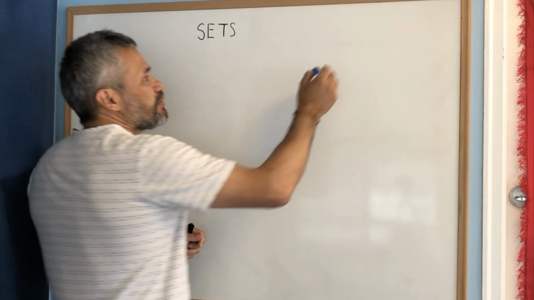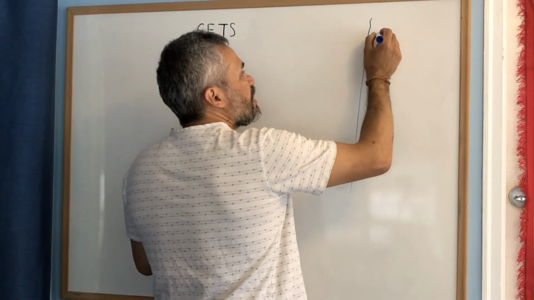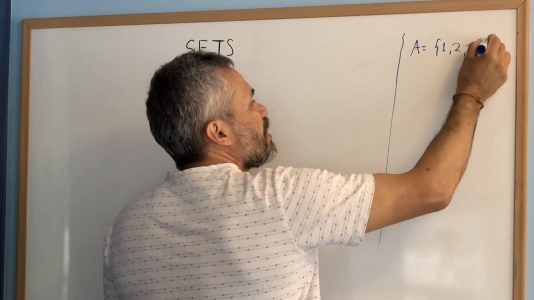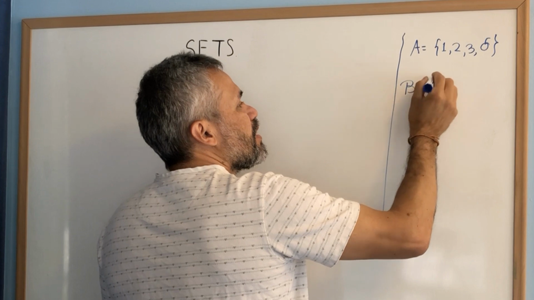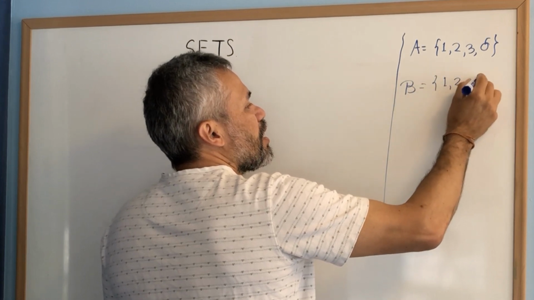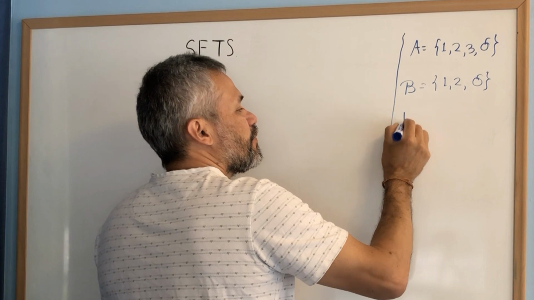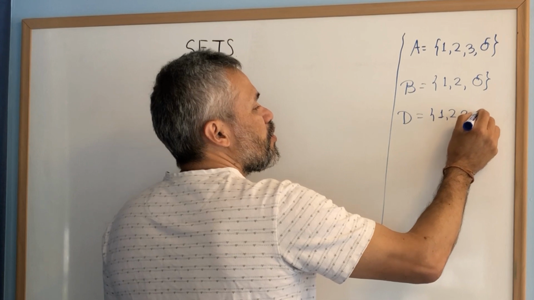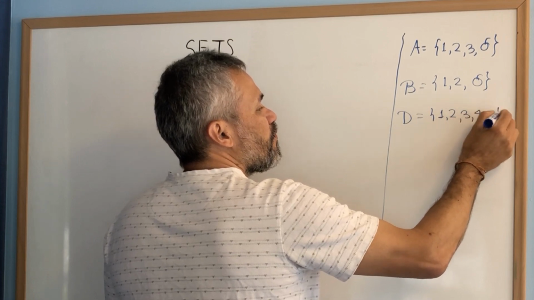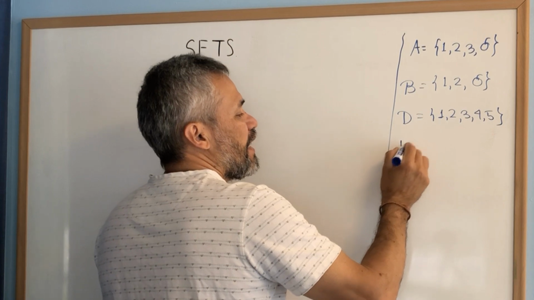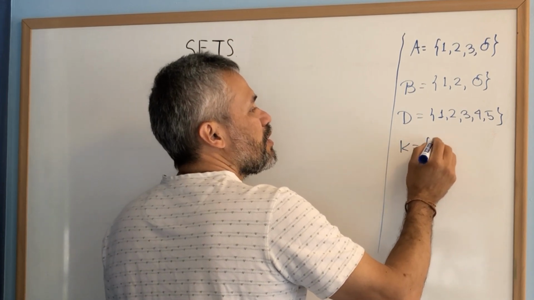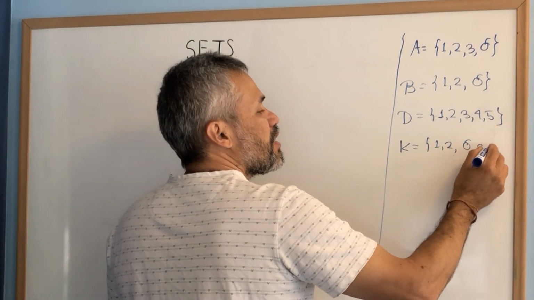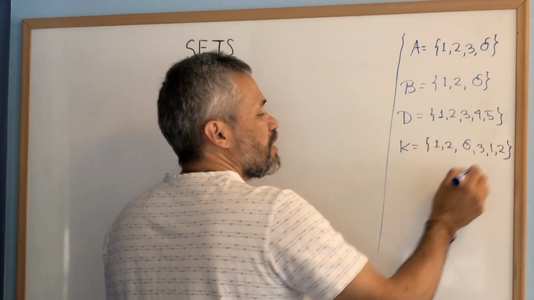Okay, let me start writing some examples of some sets. Let's suppose we have A equal to {1, 2, 3, apple}, B equal to {1, 2, apple}, D equal to {1, 2, 3, 4, 5}, K equal to {1, 2, apple, 3, 1, and 2}.